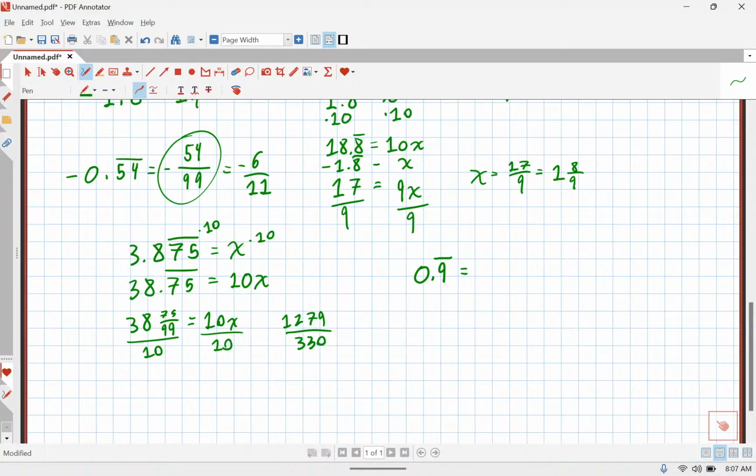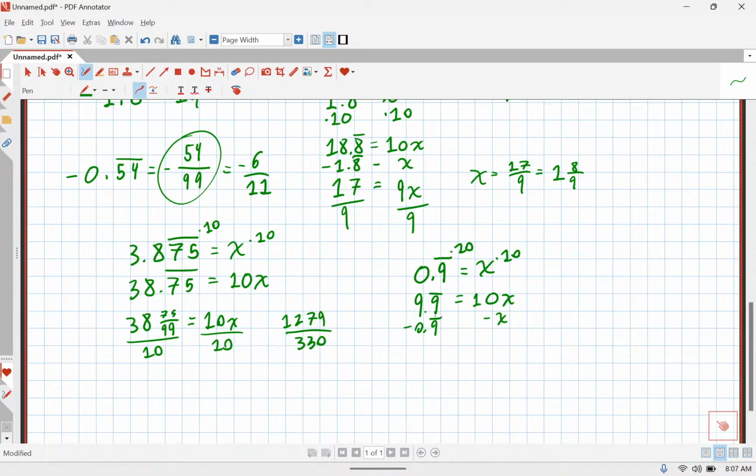0.9 repeating? Well, if you do the trick, equals x, multiply both sides by 10, that's 9.9 repeating. Are you guys okay with that? Equals 10x. Have I broken any mathematical rules? No? Everything's fine? Then I'm going to subtract an x, which over here would be a 0.9 repeating.